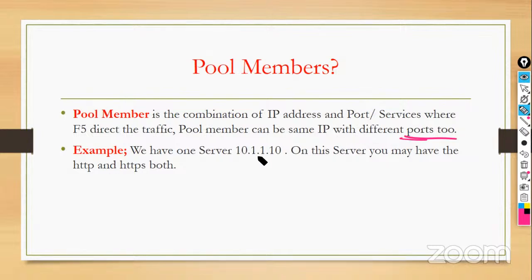Same IP, but we can use a different port, right? For example, we have one server with 10.1.1.10. On this server you may have HTTP, which is 80, and HTTPS, both, right?